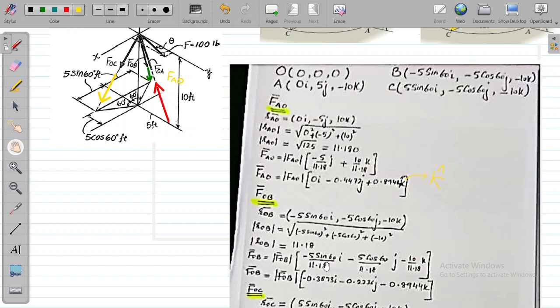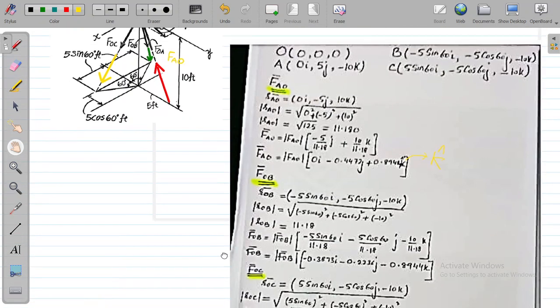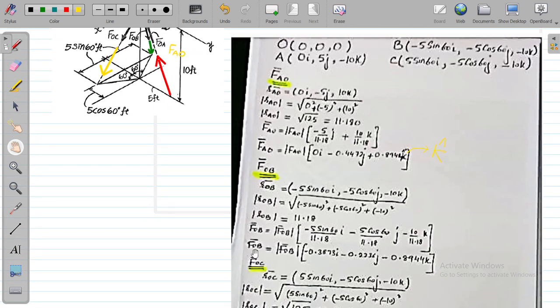So it will be minus 5 sin 60i upon 11.18, minus 5 cos 60j over 11.18, minus 10 upon 11.18k. Simplifying, vector force FOB equals FOB mod times minus 0.3873i minus 0.2236j and minus 0.8944k. So FOB's problem is also solved.